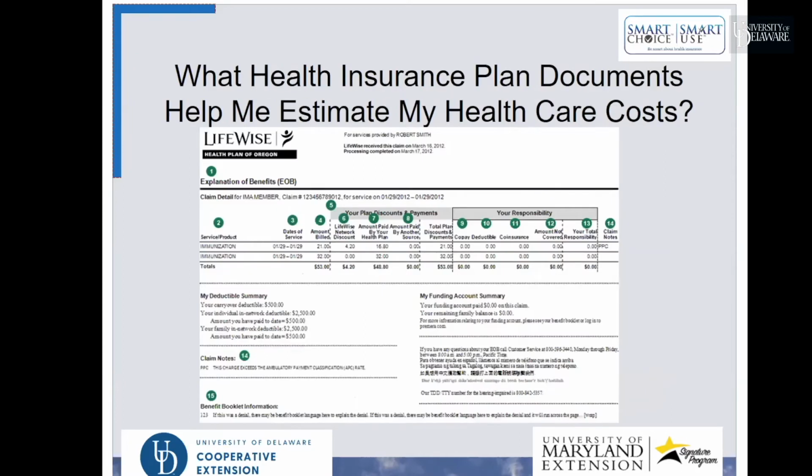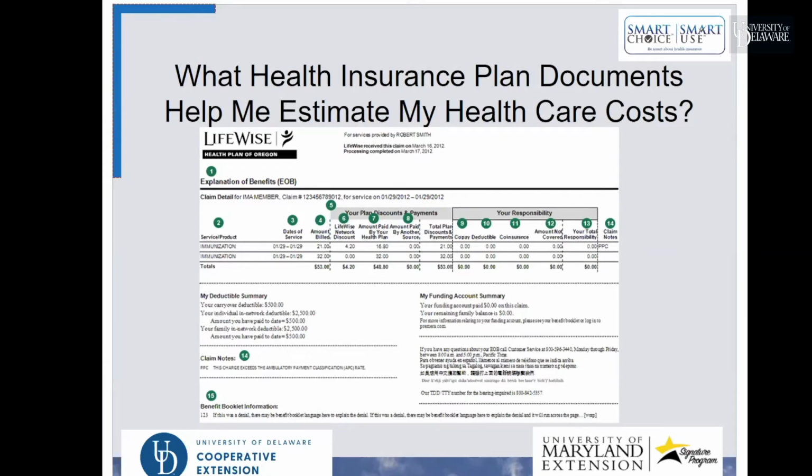And then the third place you can get that is from your explanation of benefit statement. If you look at the example there, you typically get this on a monthly basis, and it would show you the services that you received. If you look under 2 and 3, you see what the service is. 4 talks about the amount billed, and then a breakdown of some other costs as it goes along there.